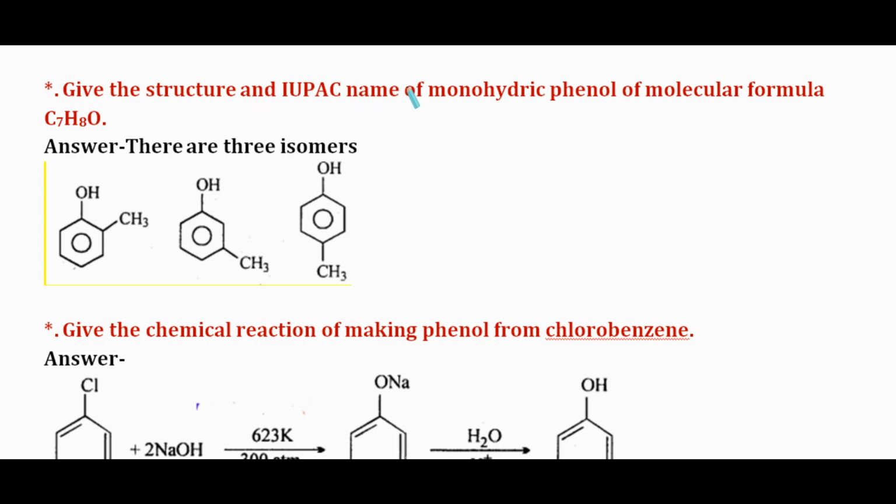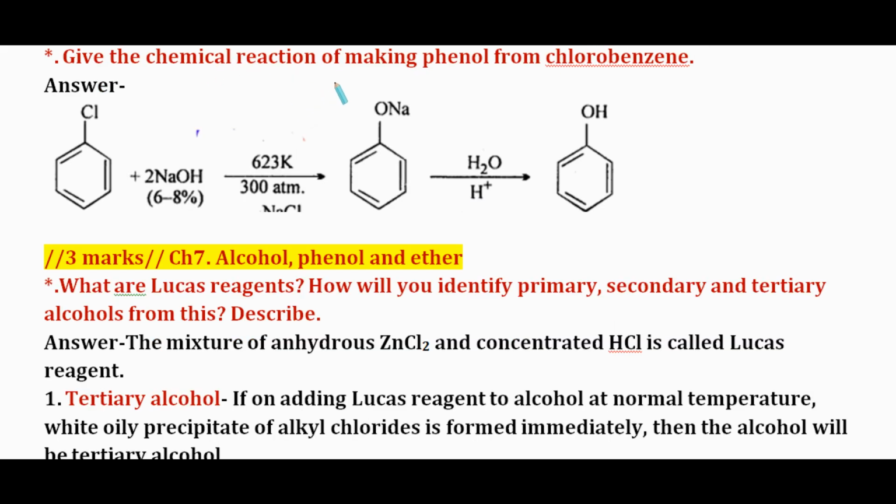Give the structure and IUPAC name of monohydric phenol of molecular formula C7H8O. There are three isomers: ortho-cresol, meta-cresol, and this is para-cresol. Give the chemical reaction for making phenol from chlorobenzene.